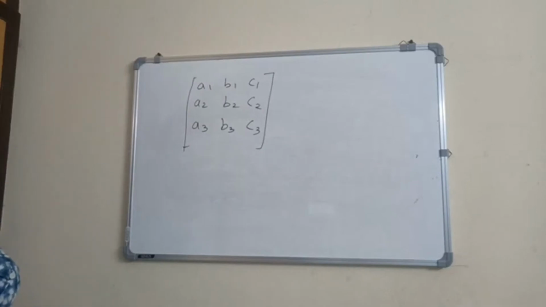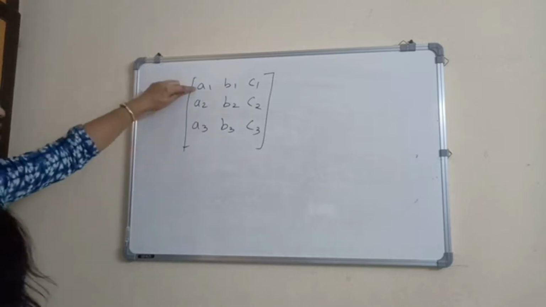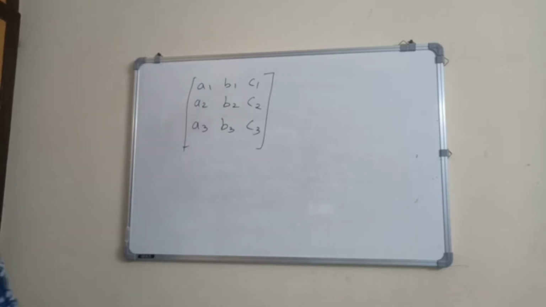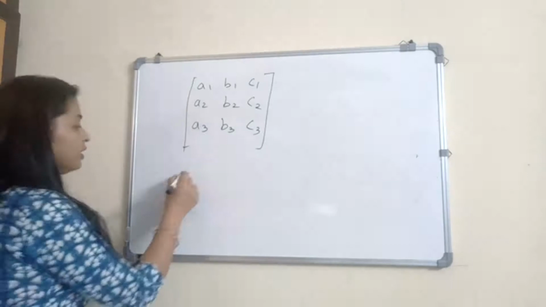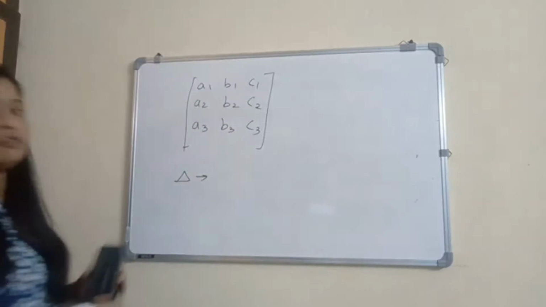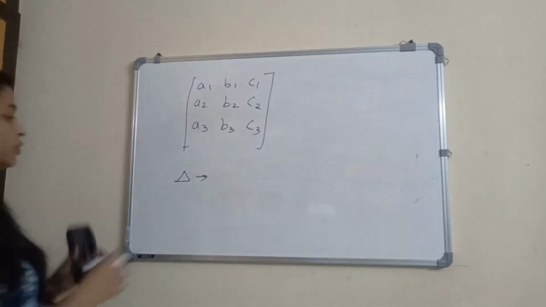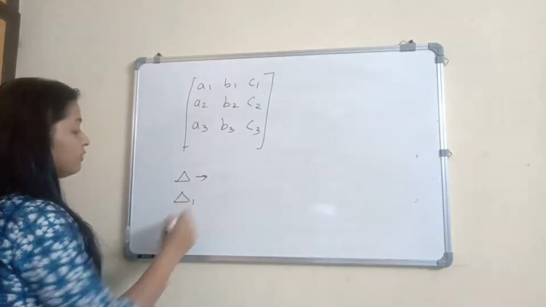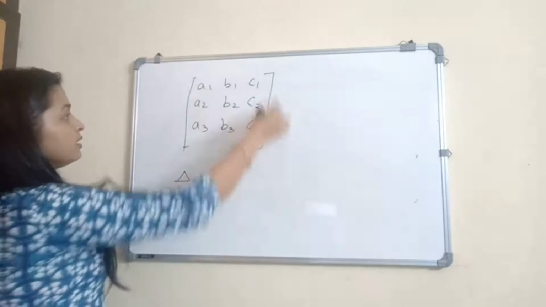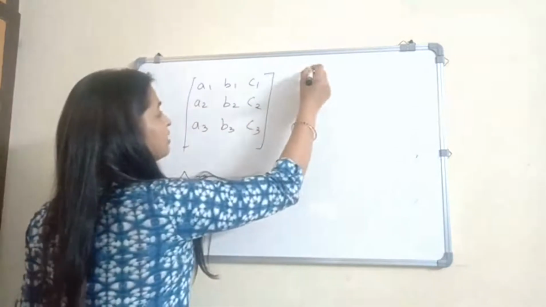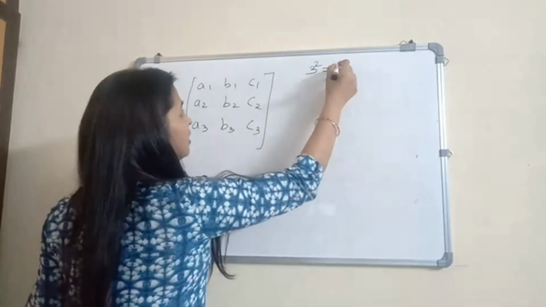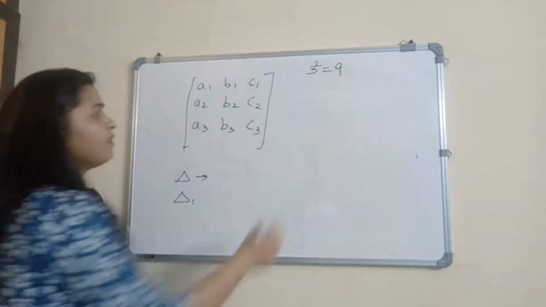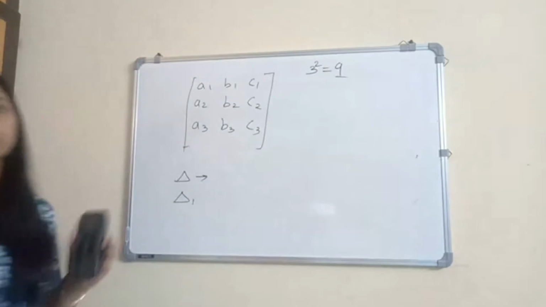We have a formula for this. These are known as the minors of A1, minors of A2, minors of A3. We have to consider it row wise and column wise. First, we need to calculate del, the common determinant. If three equations are there, it means three by three determinants, so 3 raised to power 2 is 9, and we'll have 9 coefficients here.